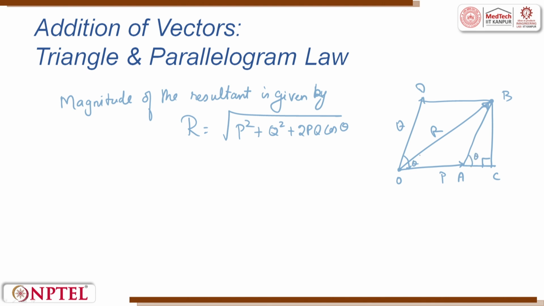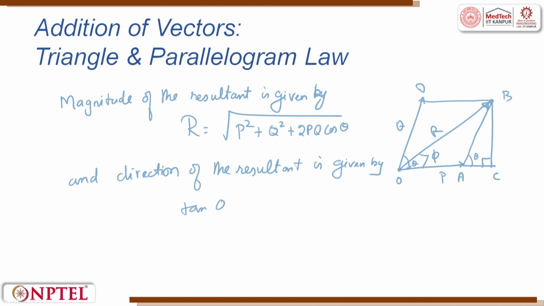So, this also becomes theta and this becomes phi. Okay. And if I wanted the direction of the resultant, it is given by tan phi equal to Q sin theta by P plus Q cos theta.